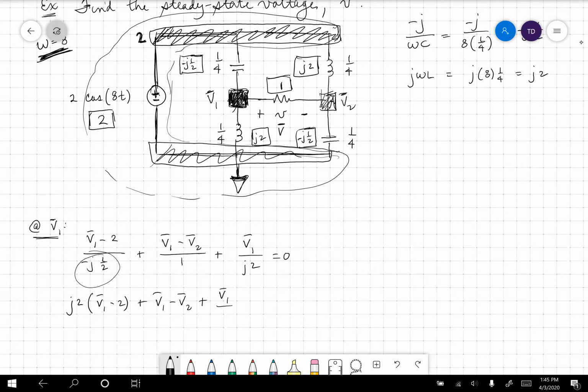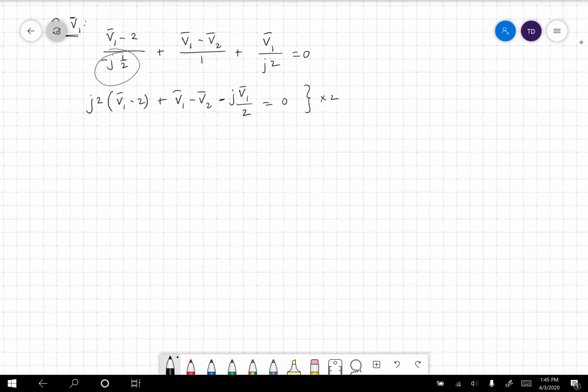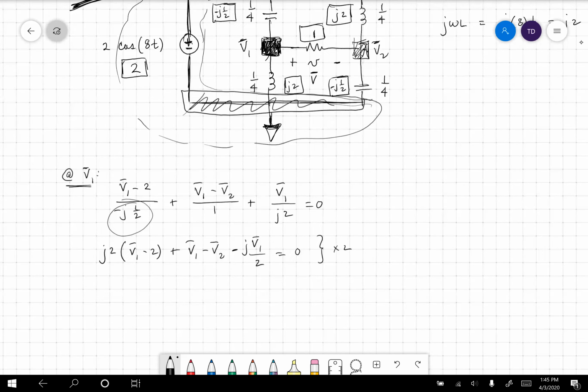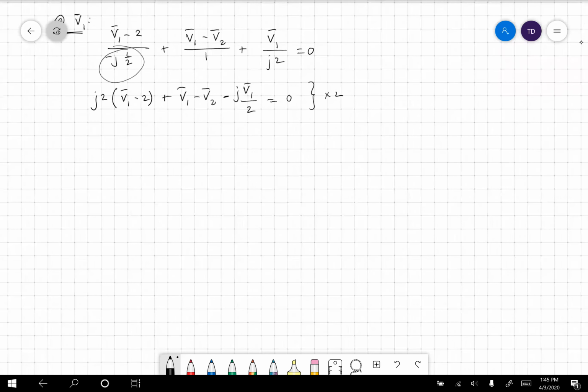But I can take that J and put it as a minus J in the numerator, so let's make this minus J. And now there's a 2, equals 0. Just take this equation and multiply by 2. They're not all that easy. They don't all work out to be really smooth, but this one works out pretty good for us. So I'm just going to multiply through by 2 to get rid of that 2 that we have in the denominator.